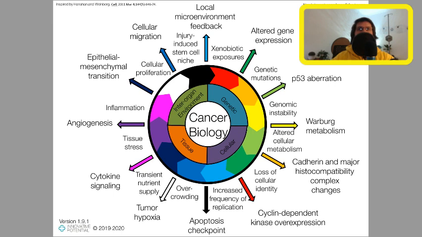Between altered gene expression and genetic mutation, they play off of each other. They're interrelated, because an altered gene expression can be upregulated, or it can be downregulated, or it can have more of the protein product of the gene created for you.